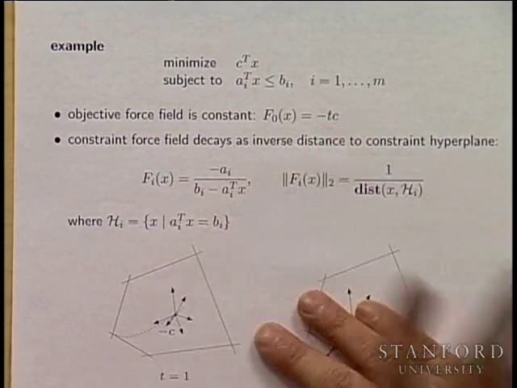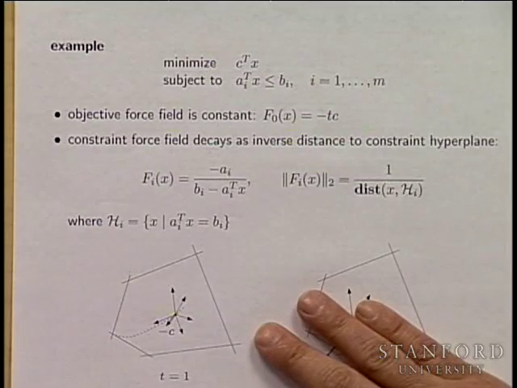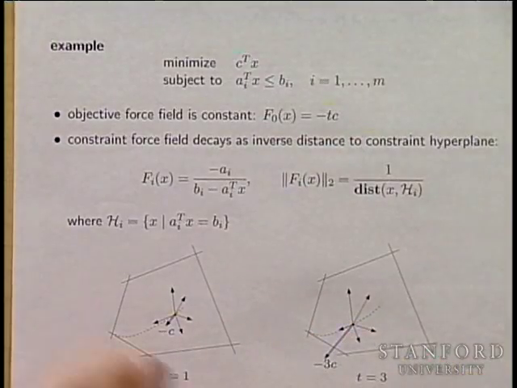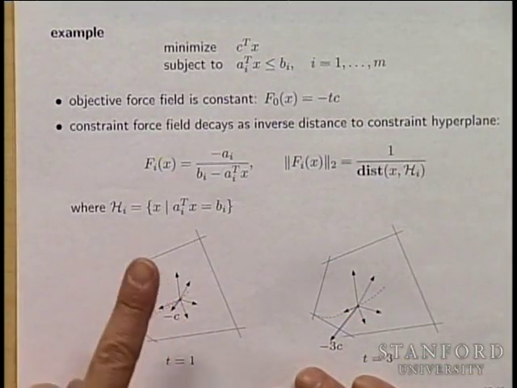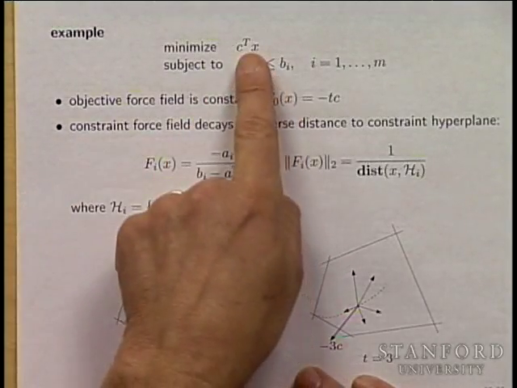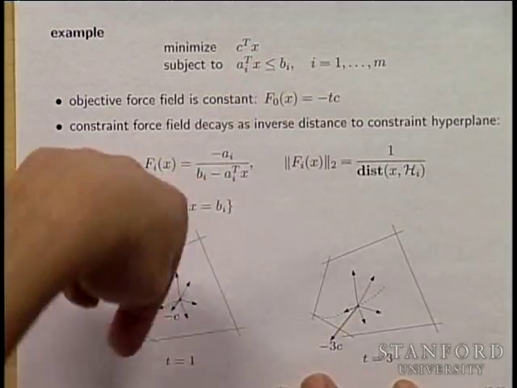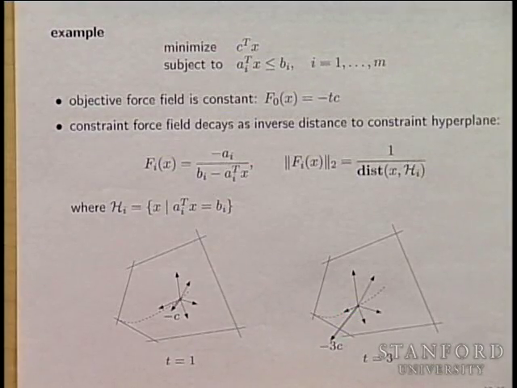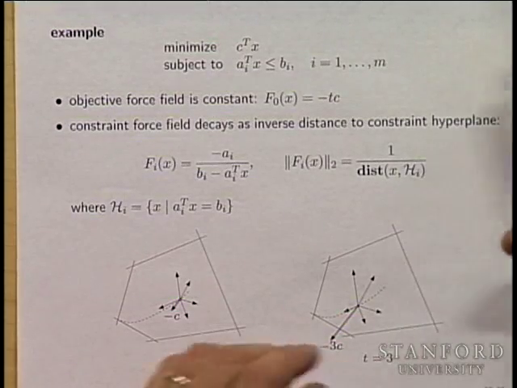So it's simply a constant force field in the direction minus c. That's what this force field is. That's the objective. So here's our point. Where's c? c is apparently this direction. So the force contributed by the objective is simply a constant force in this direction. It's pushing you towards values of low c transpose x, which is obviously what you want to do.